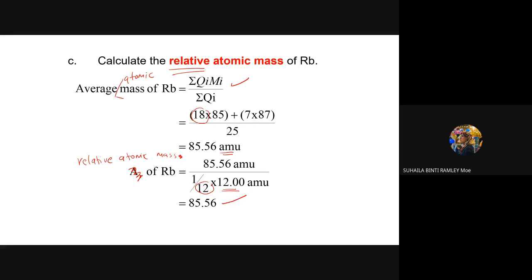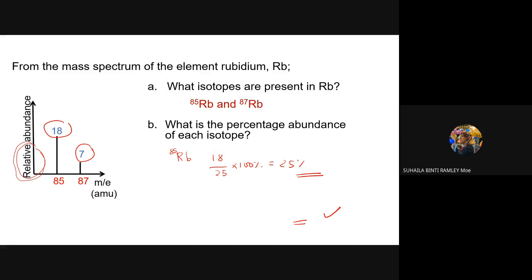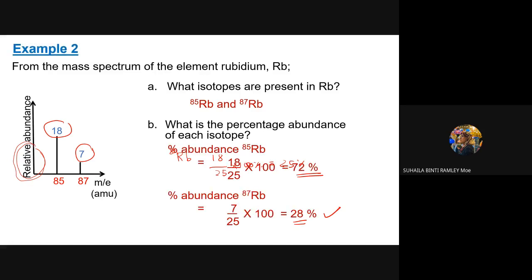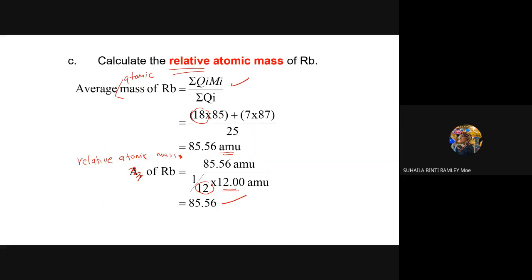So 85.56, how many decimal points? The question gave 85 and 87 with no decimal point, so this one will become 86.